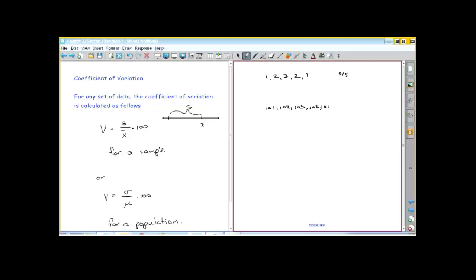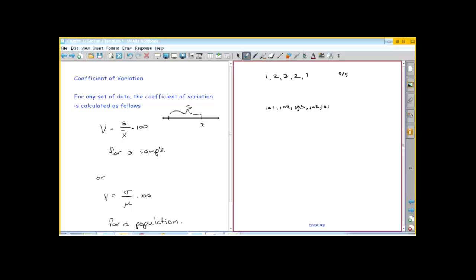But if you're comparing standard deviations between two types of data, which is not recommended anyway, but if you did, then you want to look at the size of the standard deviation relative to the actual magnitude of the quantity. So that's what the coefficient of variation is. You just take the standard deviation and divide by the mean.